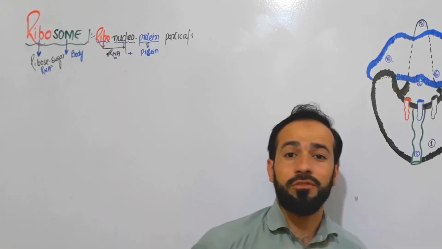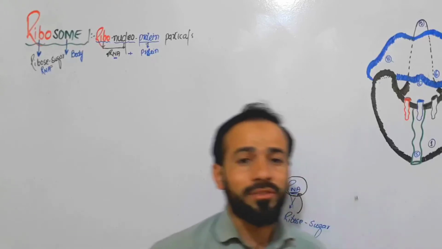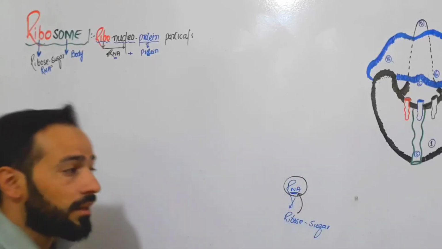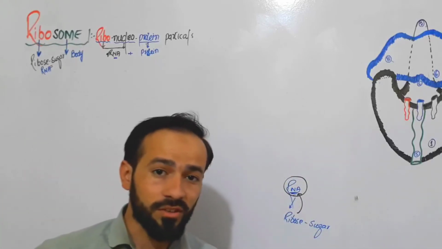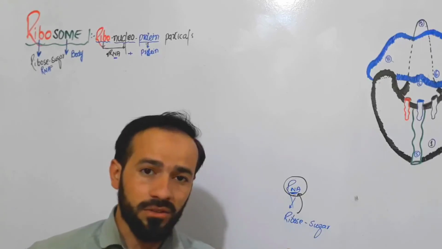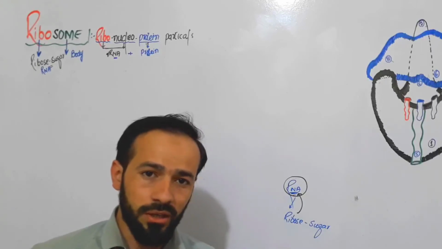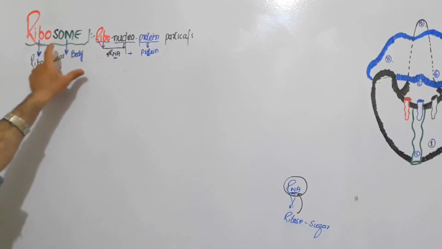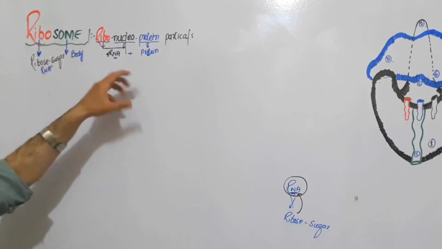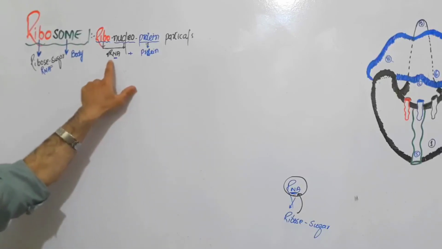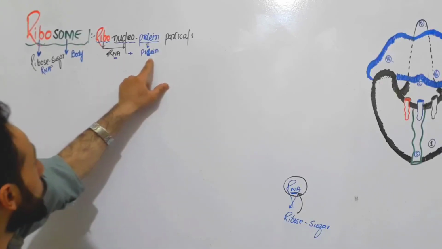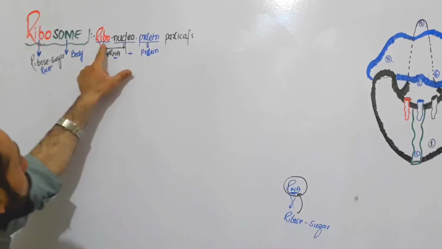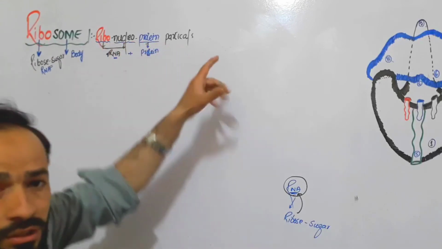The RNA present in the ribosome is called ribosomal RNA. As you know, we have three types of RNAs in our cells: transfer RNA, messenger RNA, and ribosomal RNA. Along with that RNA there are some proteins also, so ribosomes are also known as ribonucleoprotein particles.